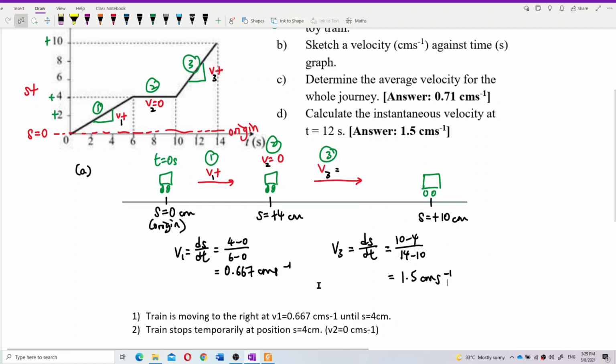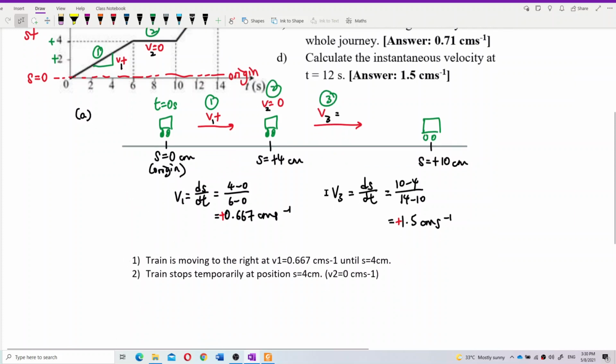This is a positive value. Positive velocity means it's still moving to the right, but now it is traveling at a much higher speed. V3 is much faster.